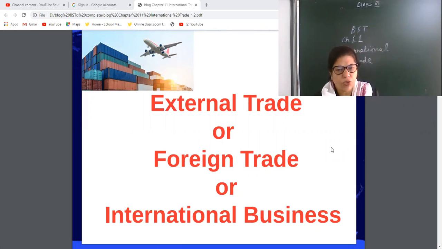That's why it is known as foreign trade, external trade, because the trade crosses the boundaries of the countries. It involves two countries or more than two, and international business because it is between two nations.